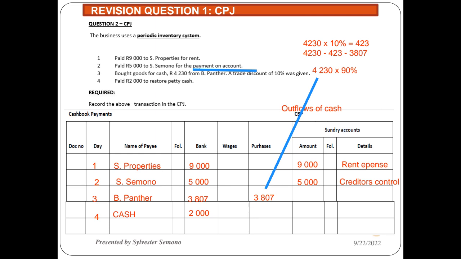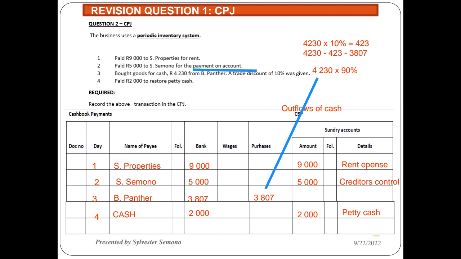And obviously, I must go to which column? Amount. And we put how much? 2,000. Perfect. It's just like that. The only thing that you must do thereafter is find the totals. I know this total here is going to be 3,807. And then the amount one is 16,000.